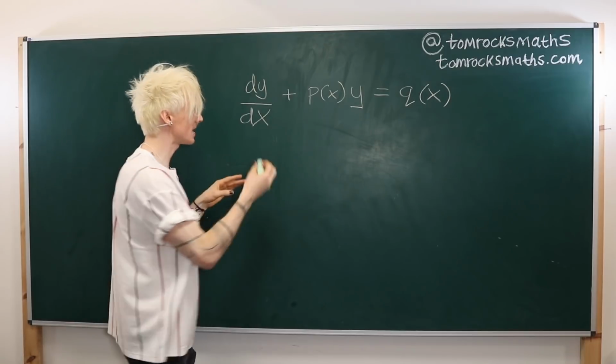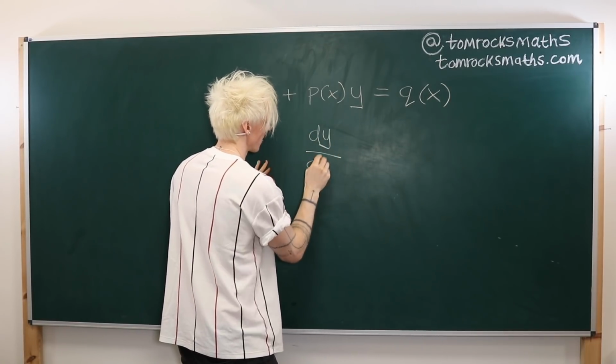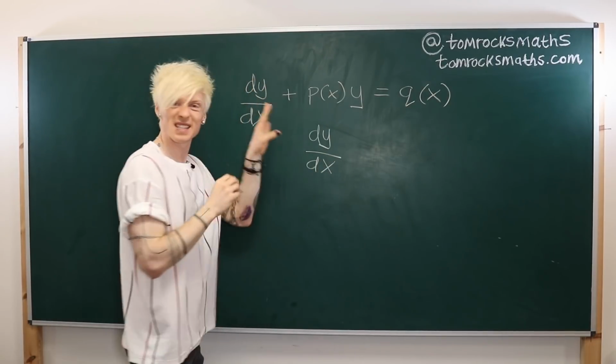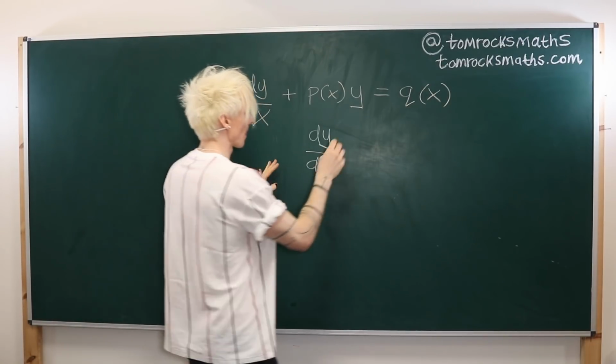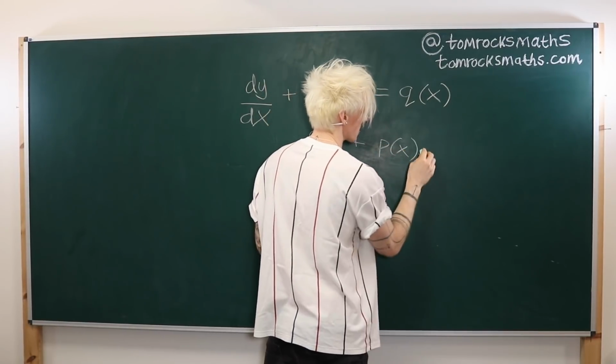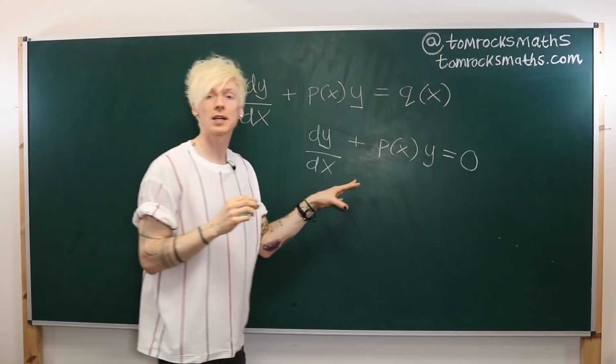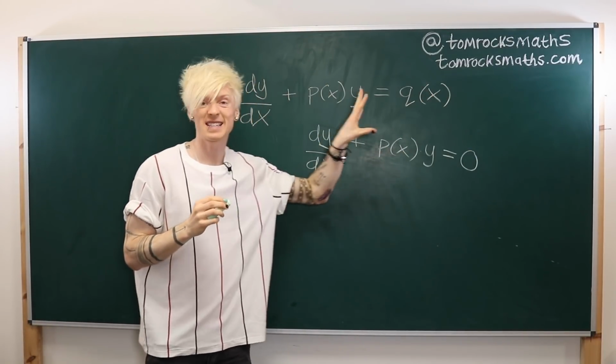And what we want to consider is what we call the homogeneous form of this equation. So we still have our first derivative and our function of x, p of x, multiplying y, but we're going to first consider solving this equal to 0.